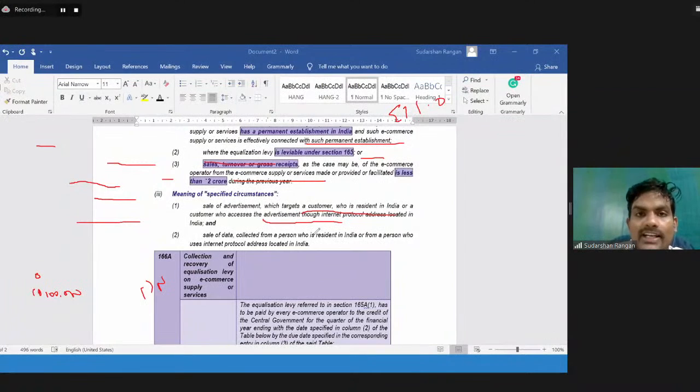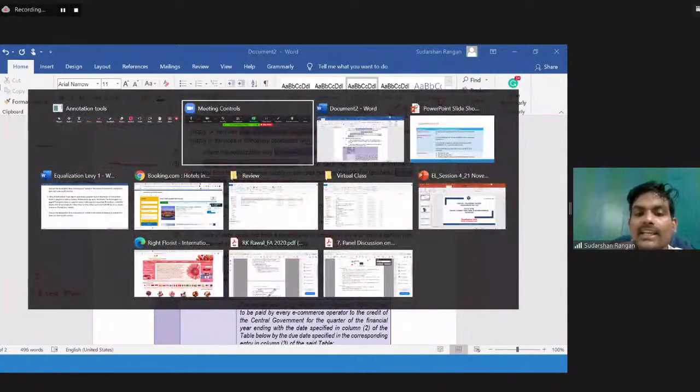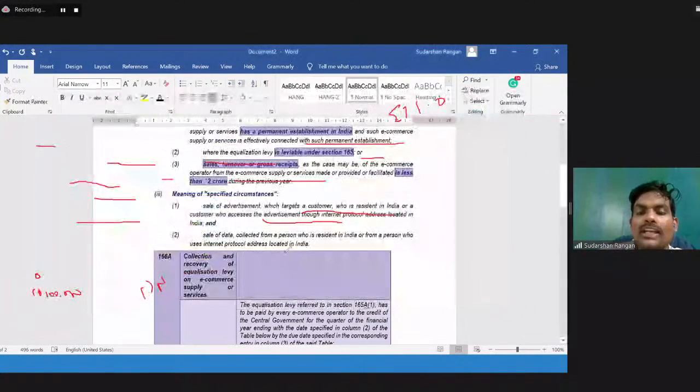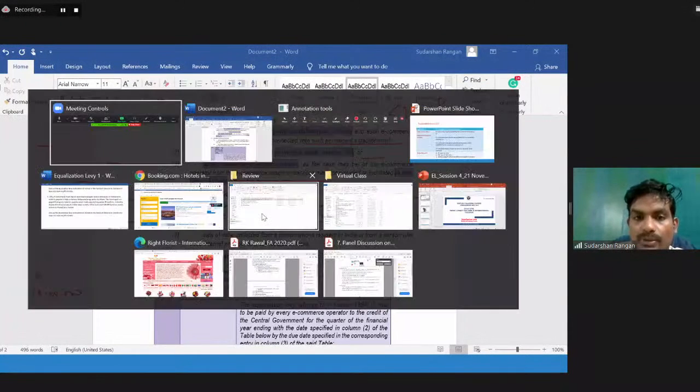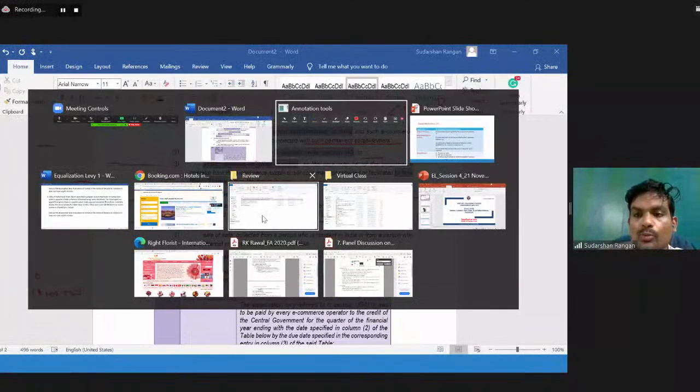Now look, very interesting. Under equalization levy 1.0, you can get away. But if a transaction is between a non-resident and a non-resident, where there is an online advertisement, but that online advertisement is exclusively targeting Indian customers, a customer who is resident in India or who accesses the advertisement, this is within the scope of equalization levy 2.0.